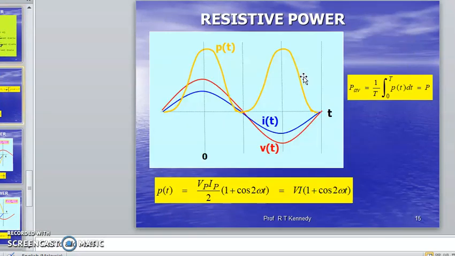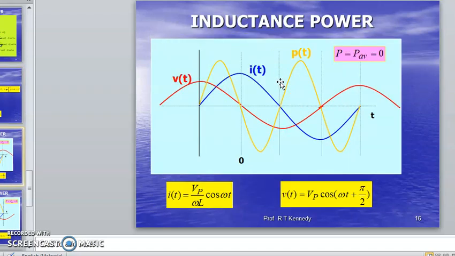This is the average power. This is what I want to show you. When we deal with resistive power, P will always be positive, because we have I and V on the same side. Positive times positive will be positive. Negative times negative will be positive.